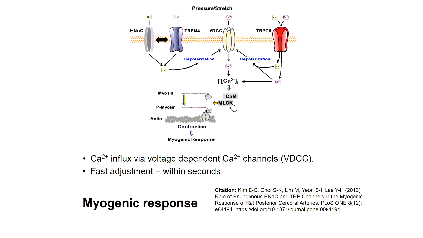I just want you to know there's a class of channels, the ENaCs, epithelial sodium channels, and the TRPs, that if you look at their net effect here, when we've got pressure or stretch, they allow movement of sodium or calcium into the cell, depolarising the cell, opening voltage-sensitive calcium channels, and the rest down the middle is exactly what we just talked about. Okay?